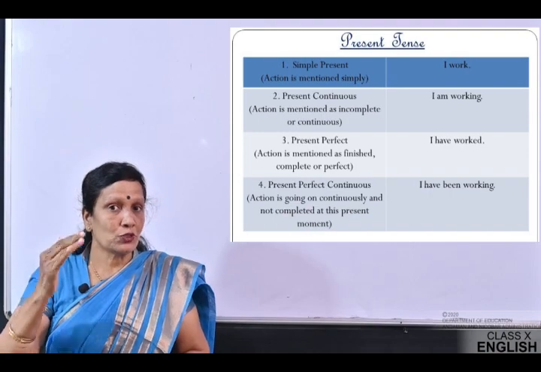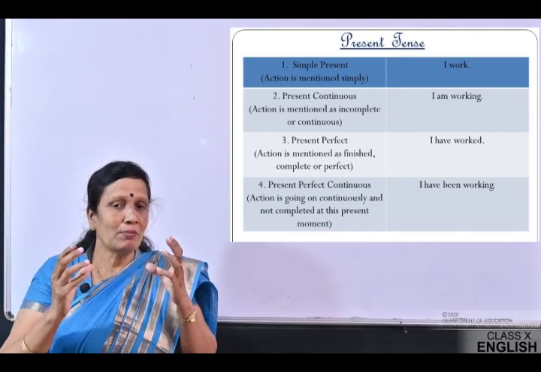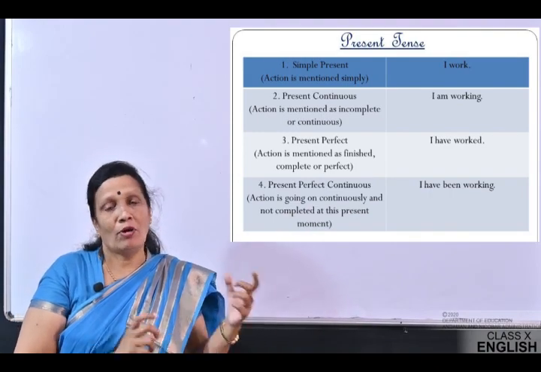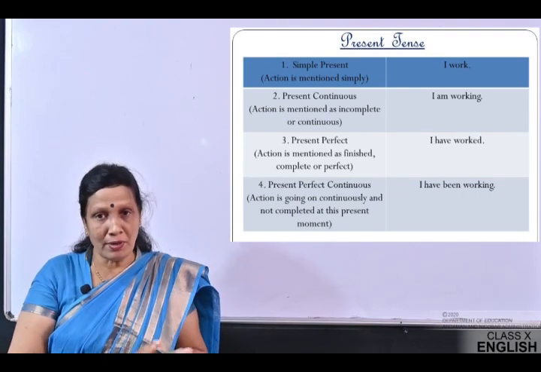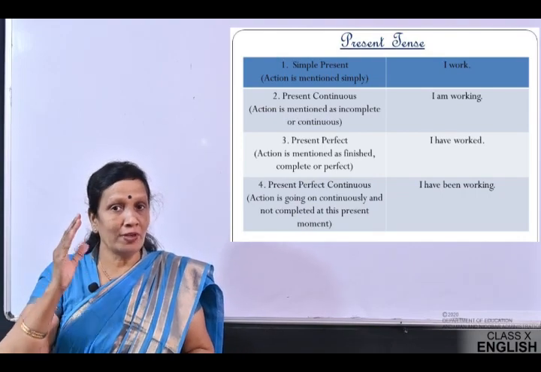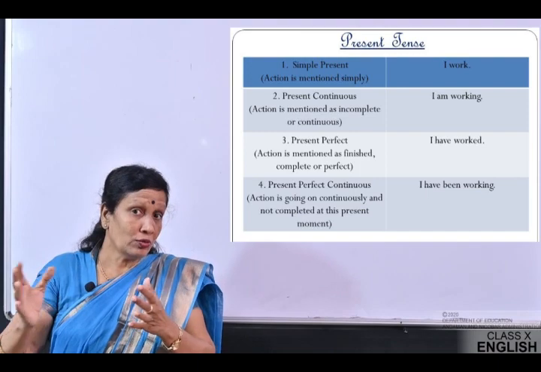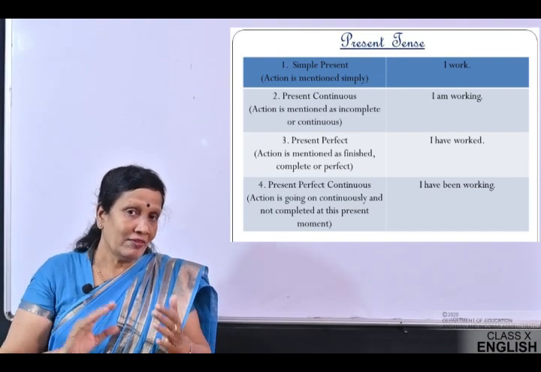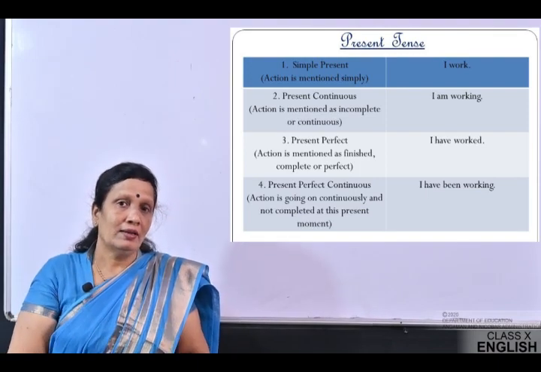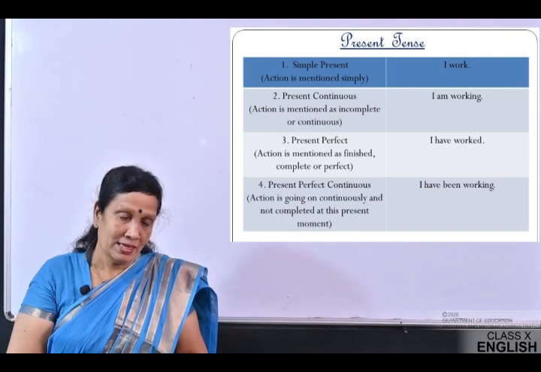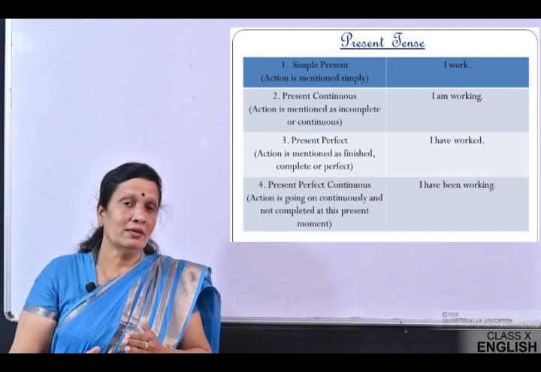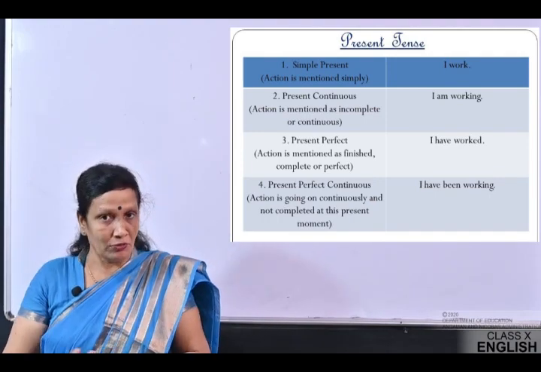Now let's look at some important points which we need to remember. As I told you, we need to know the verbs very well and their uses when we are learning the tense, because we are using different forms of verbs.